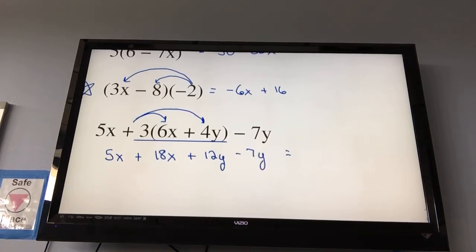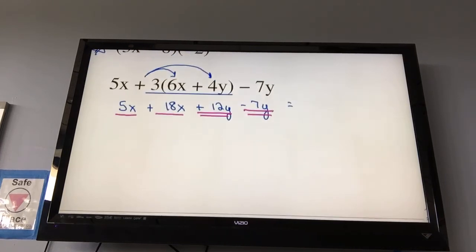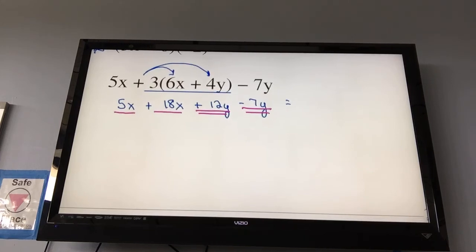Then I do what I did in my notes from last time. Collect your like terms. That term is like that term, and then this term is like this term. It's not necessary for you to identify them by underlining them or anything like that, but you can if you want.